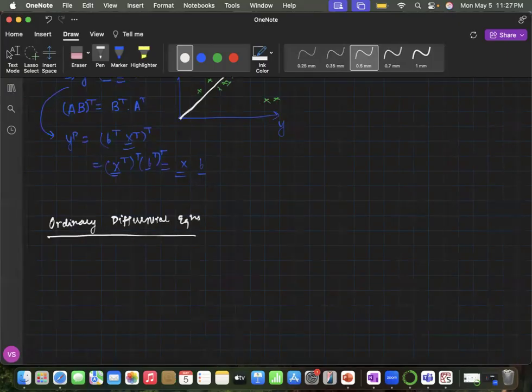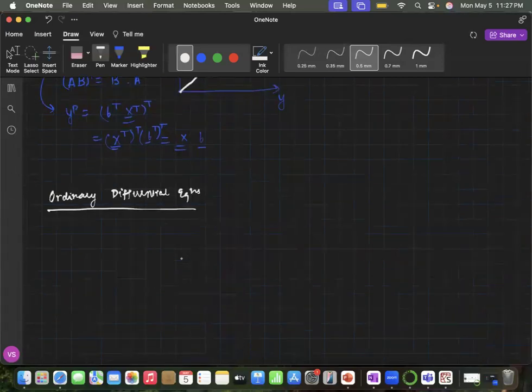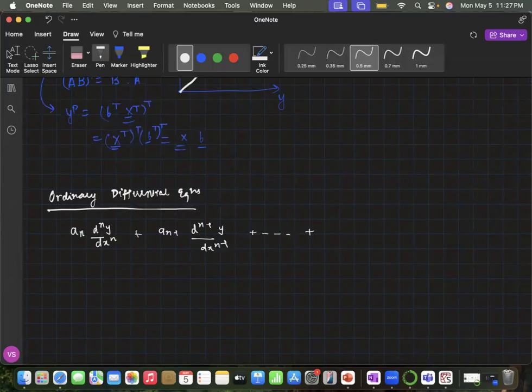Any ordinary differential equation can be written in this form. Say a_n d^n y by dx^n plus a_(n-1) d^(n-1) y by dx^(n-1) and so on till a_1 dy by dx plus a_0 y is equal to some function of x and y.